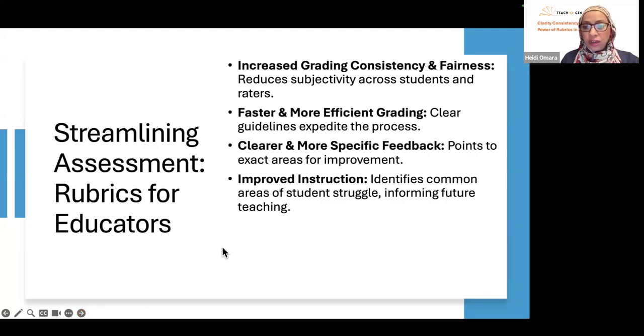Improved instruction identifies the common areas of student struggle, informing future teaching. For instance, if I've got students who mostly all have a problem in grammar, that will tell me what I need to focus on with them in the future.